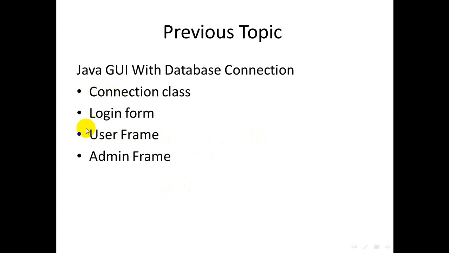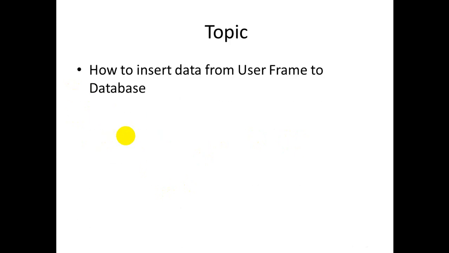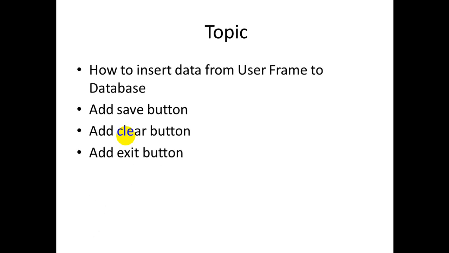Today we will see this one, the user frame. In this, these are the things we are going to do: how to insert data from the user frame to the database, add a save button, add a clear button, add an exit button, and handle events on the above buttons. When you click the save button, the data will go and be saved in the database.